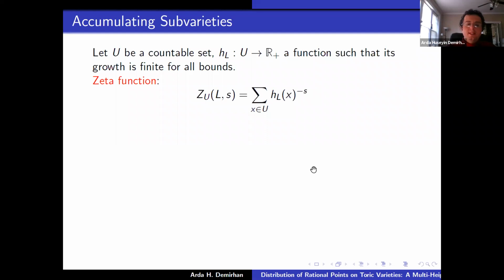Then we define the zeta function, which depends on U, L, and s, where s is the parameter, as the sum of the reciprocal of the s-th power of the height function H_L, where the sum is over all the points in U.